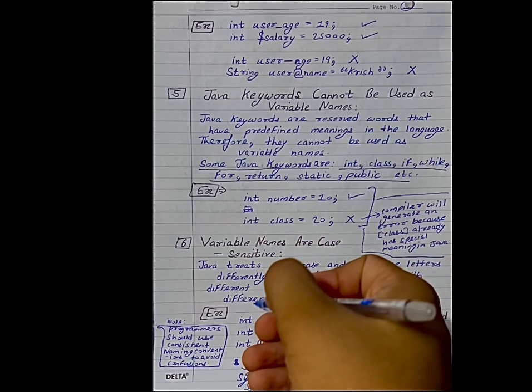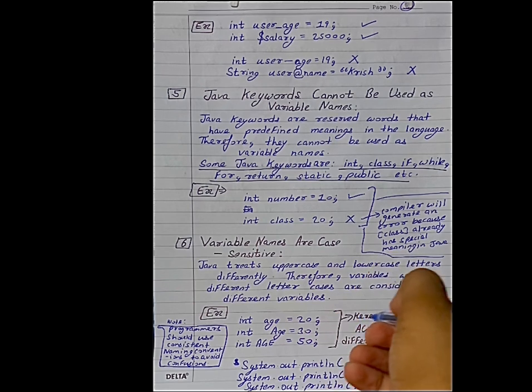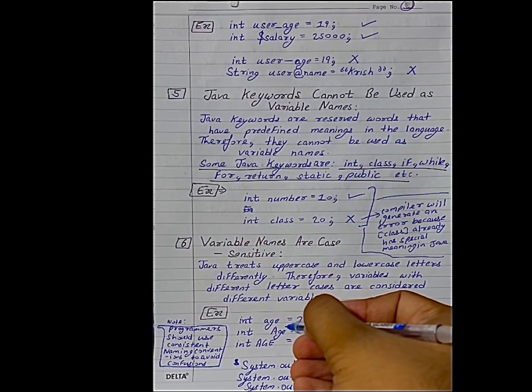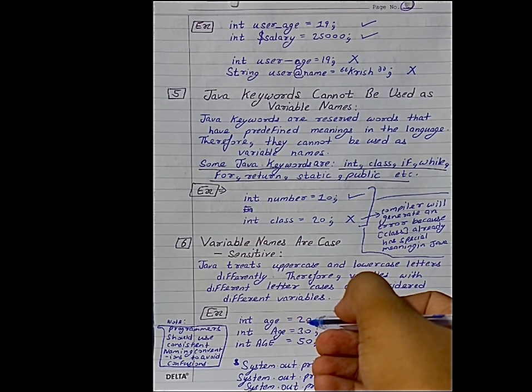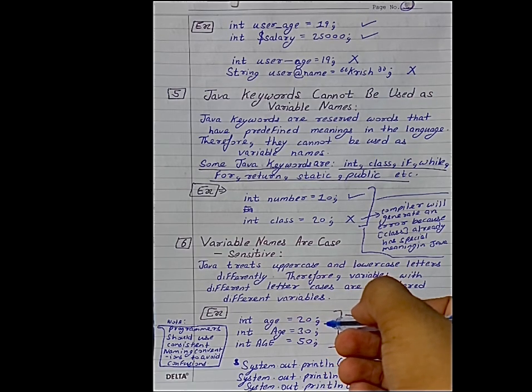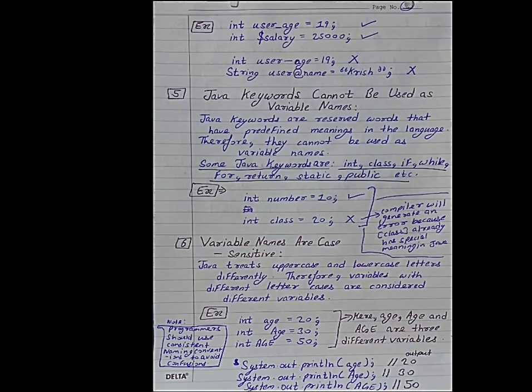For example, if we write int age equals 20 in lowercase, it will be considered different, and if we write A in capital and then ge equals 30, that will also be considered a different variable. The same happens with this. So if we print those variables, we will get this output.